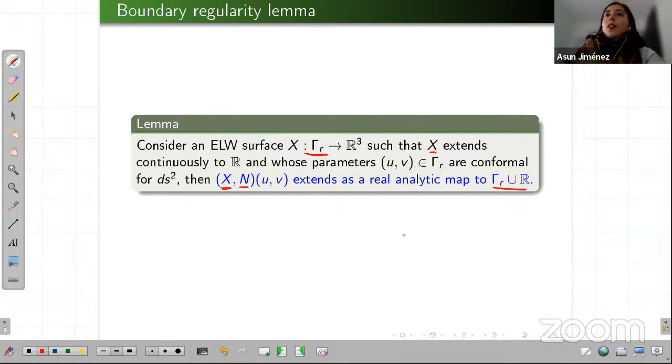So your surface is not regular, your original coordinates are not good, since the surface is not an immersion and it has no well-defined tangent plane. But when you consider these new parameters, everything is analytic, even across the line corresponding to the singularity.